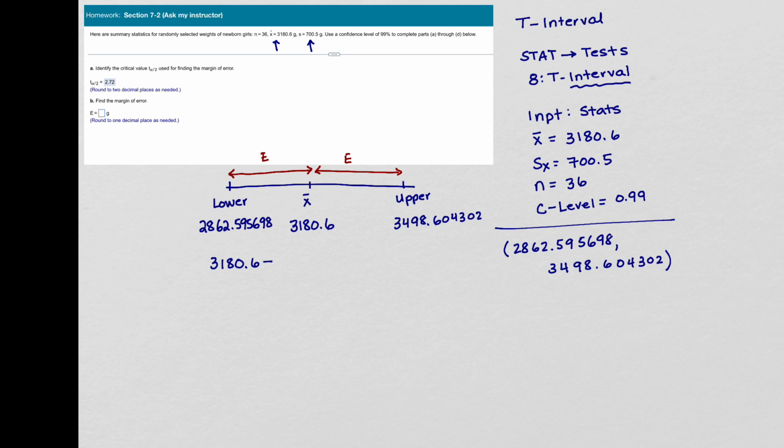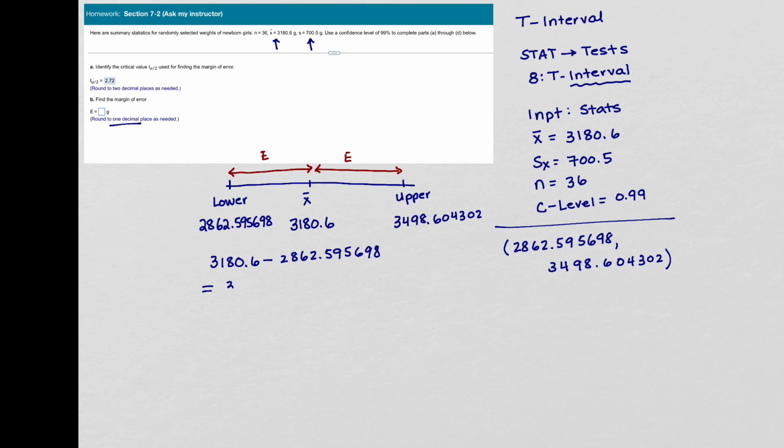So I'm just going to take X bar minus the lower. And we want to round this to 1 decimal place, and I get 318.0, rounded to 1 decimal place. So that's my margin of error.